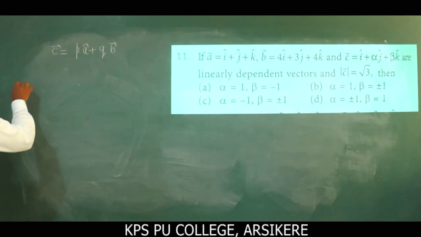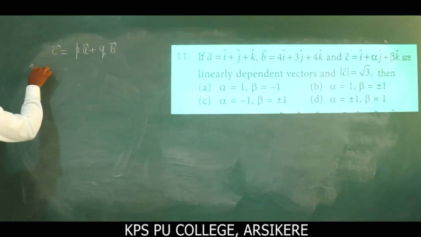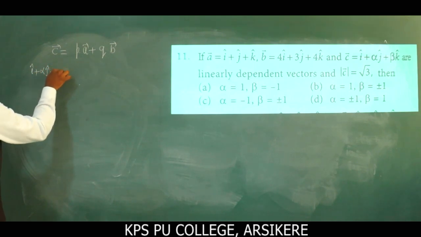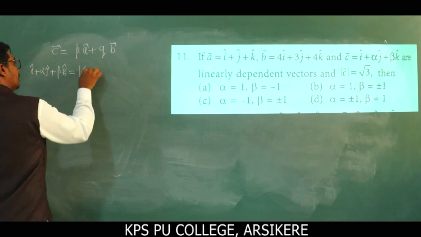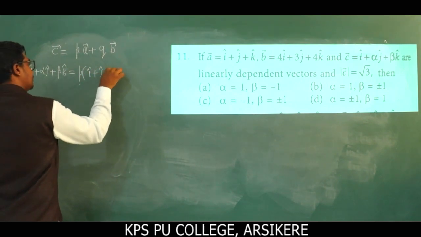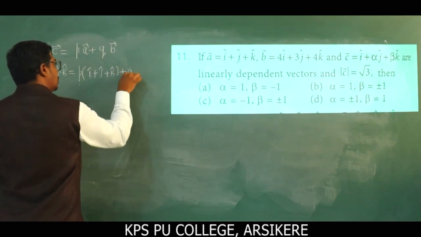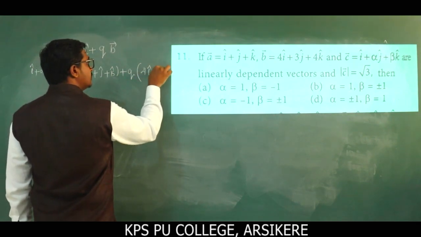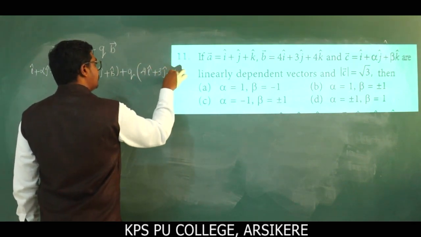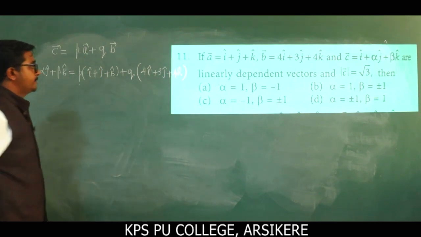So vector C, i cap plus alpha j cap plus beta k cap, is equal to P times i cap plus j cap plus k cap, plus Q times the second vector B, 4 i cap plus 3 j cap plus 4 k cap. Simplify the terms.